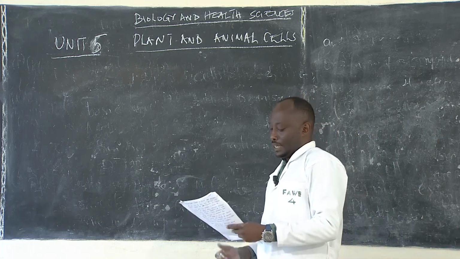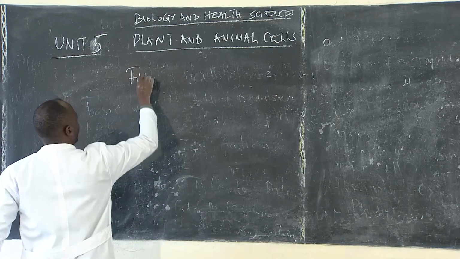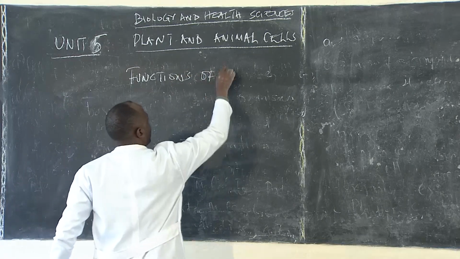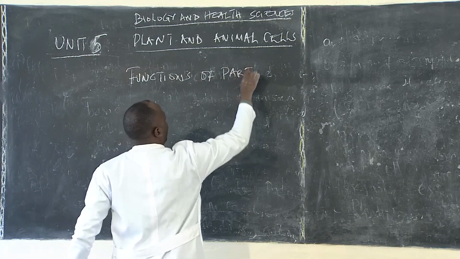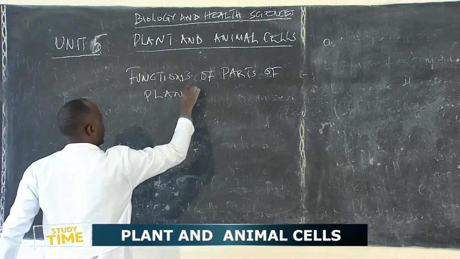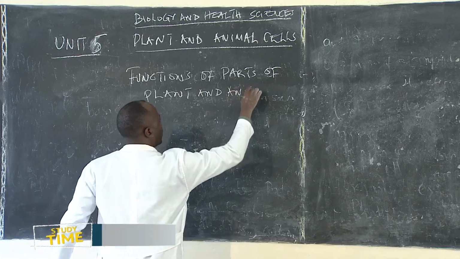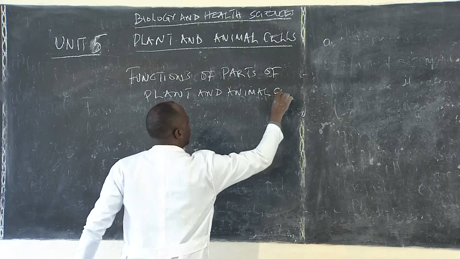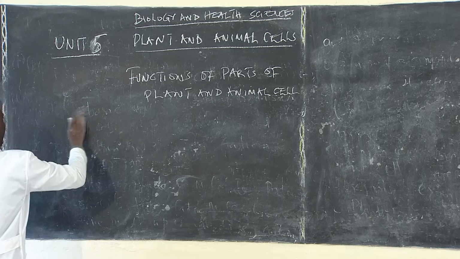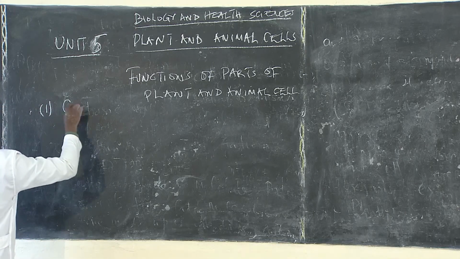So let's start with number 1, functions of parts of a plant cell and an animal cell. Number one, I can call it Roman 1, which is the cell membrane.